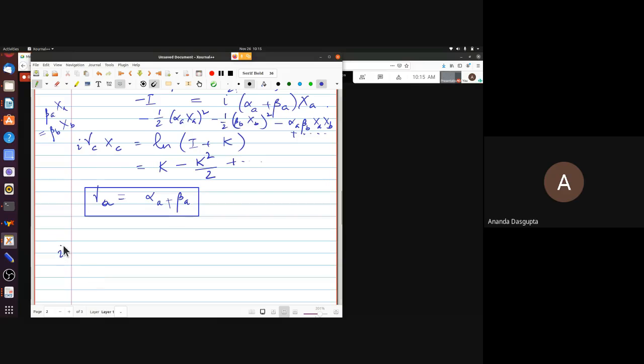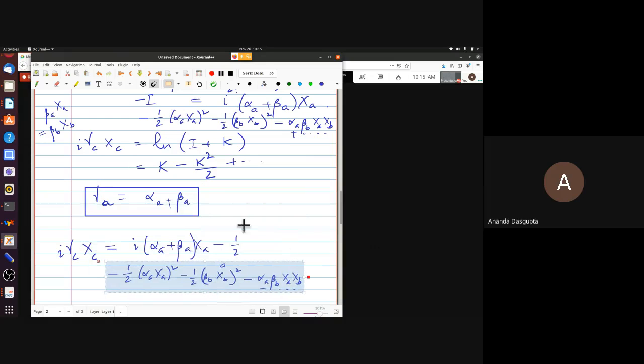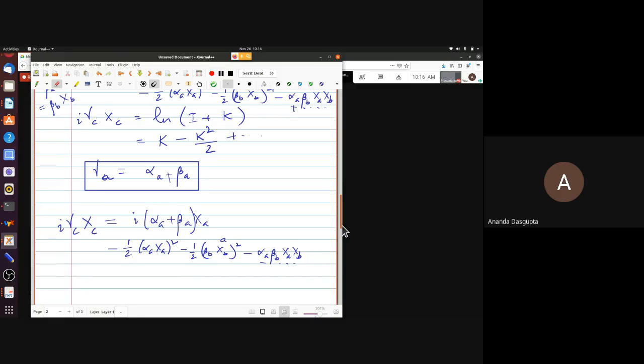And now you see i gamma c xc works out to be this, which comes from K, whatever you have written down. I can just write down K once again. Hopefully I should be able to select and copy. Let's see whether I can do that. Okay, so this is what you have from K, but then you also have K square.